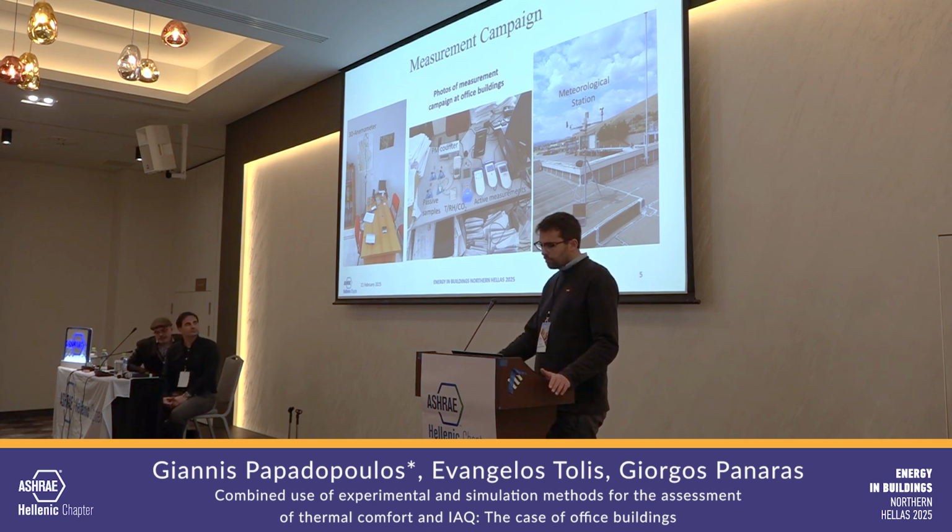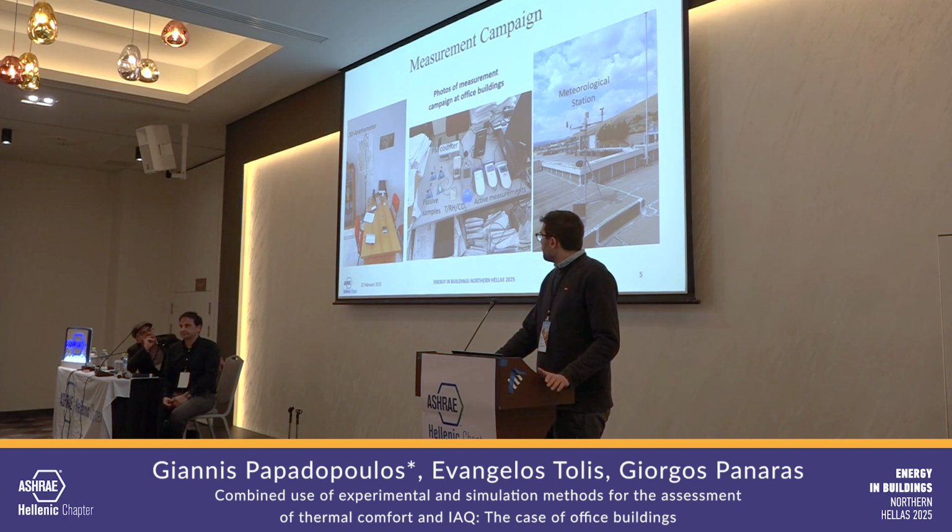So we put the instruments in about 5 or 6 offices in each building, but they have different characteristics like the orientation, the number of people inside, and the openings they have, like windows or doors.